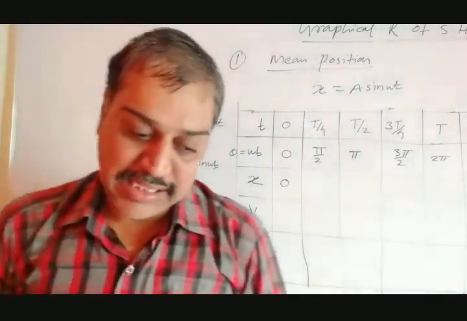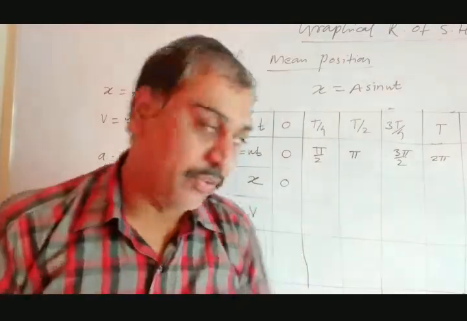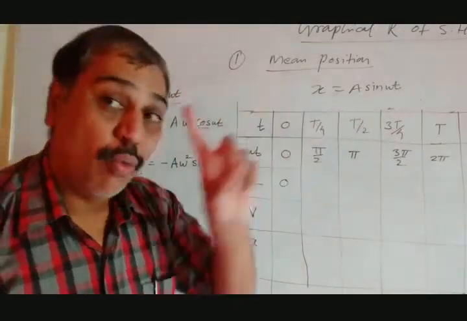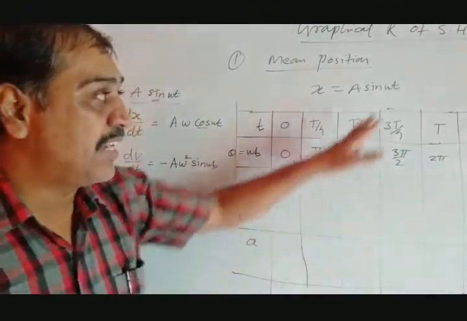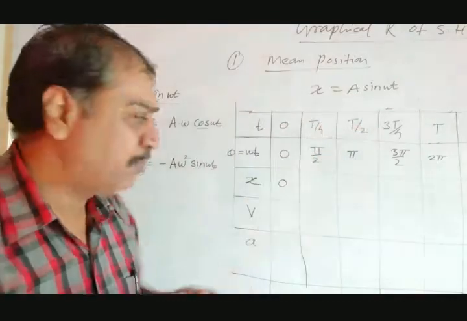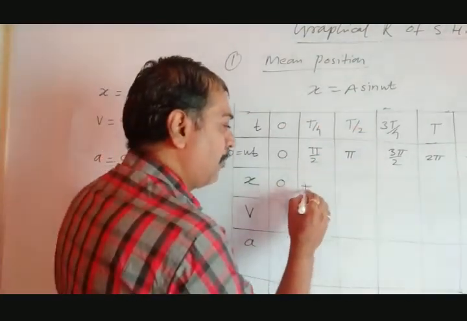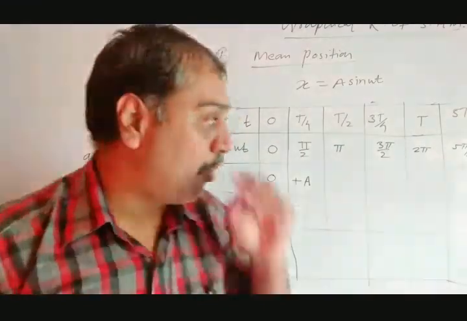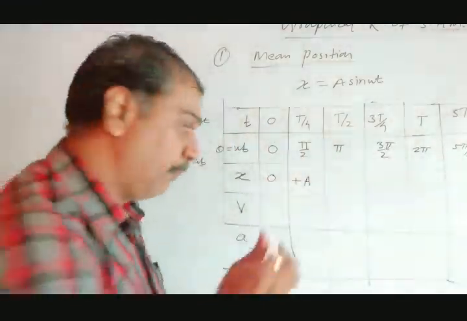Sine of pi by 2 means sine of 90. It is what? 1. So sine of 90 is 1. What is a? It remains a. So it is plus a, the amplitude. Then sine of pi, 0.